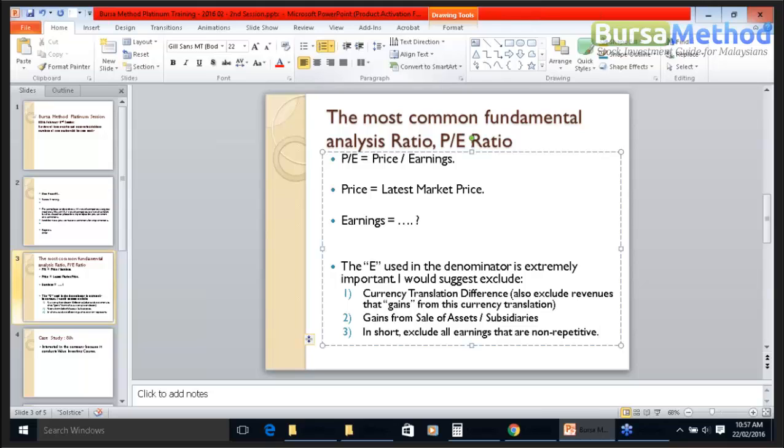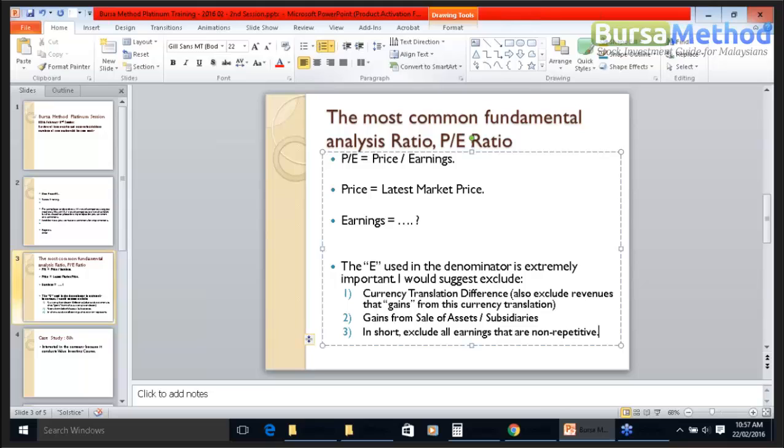Whereas if you are a commission earner and suddenly have a huge bonus, normally they will exclude it, or take the average of the past 2 years or something like that. Likewise, when you're doing your valuation, it's the same thing. You want to exclude all this kind of non-repeating income. Then only you use the appropriate E.